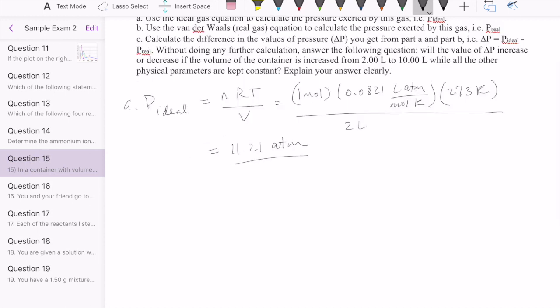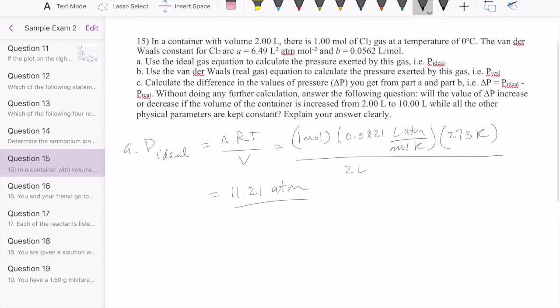Now the second question asks you to use the van der Waals, or the real gas equation, to calculate the pressure. So we use the same exact numbers, except that we assume now this condition is such that the gas doesn't behave ideally.